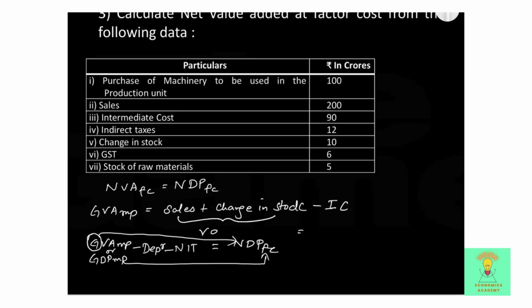So first sales 200 plus change in stock is directly given here, 10, right? Minus intermediate cost or consumption, that is 90, right?